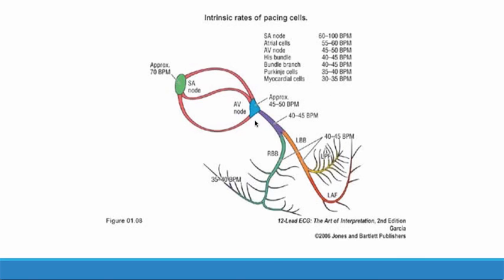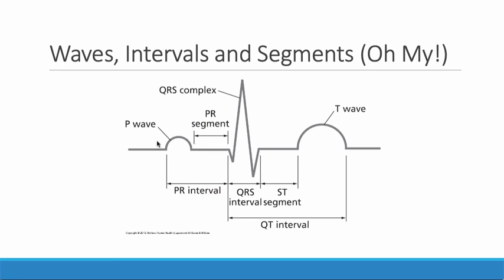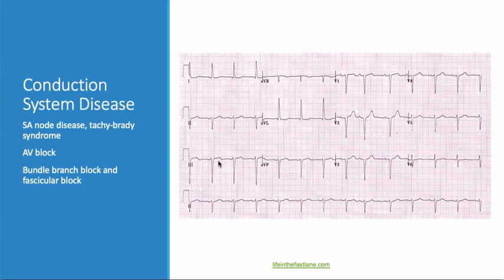So we can tell which part of the heart is initiating the pacemaking by just knowing the heart rate. So remember all the intervals and segments, and I will not bore you with that because you hopefully know that. Remember that we can see conduction system disease when we look at the heart rate and when we look at the PR interval.